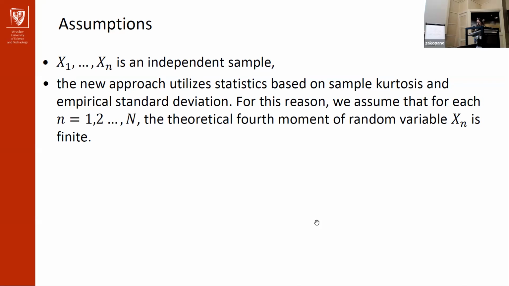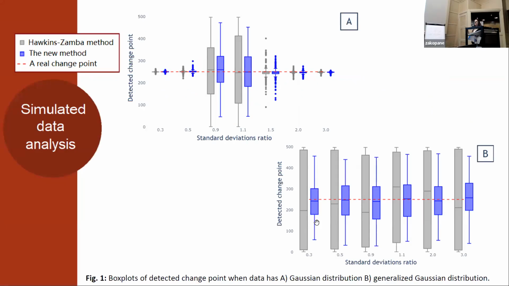Okay. First, we made simulations for the algorithms known from the literature, and we just have the conclusion that the Hawkins-Zamba method is the best algorithm in most cases. So we compare this algorithm with our new method when we repeat the simulation.